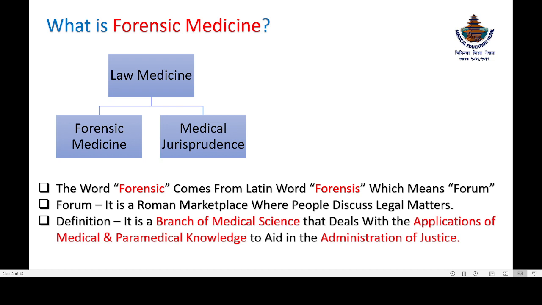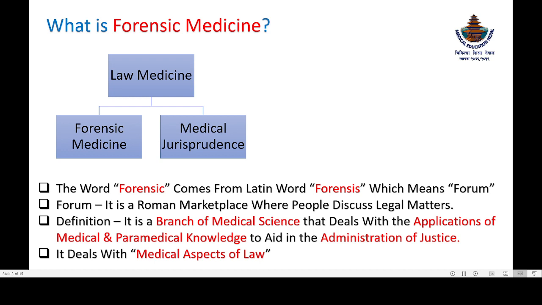Now, looking at the definition, it is the branch of medical science that deals with the application of medical and paramedical knowledge to aid in the administration of justice. Here, paramedical knowledge refers to things related to nursing staff and so on. This definition is derived from the Reddy book, and another definition is that it also deals with the medical aspect of the law.